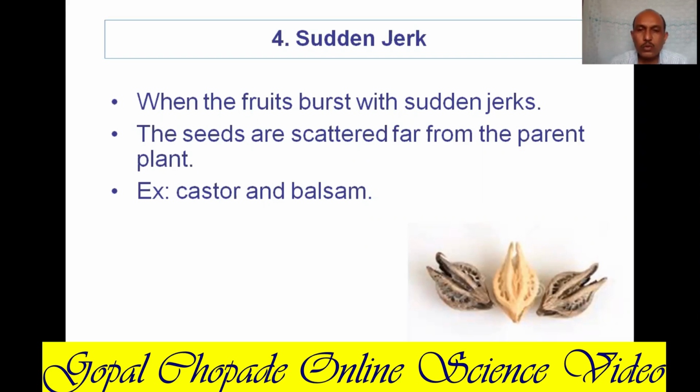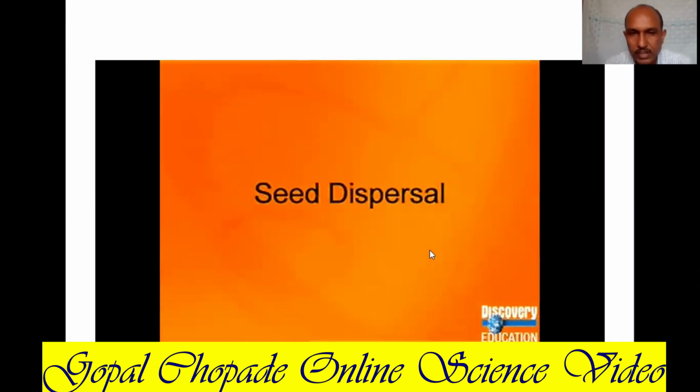Now you can see how that dispersal takes place with the help of this video provided by the Discovery Channel. Seed dispersal. Now here you can see the seeds are germinating. Already you have seen. See, these are the flowers blooming.